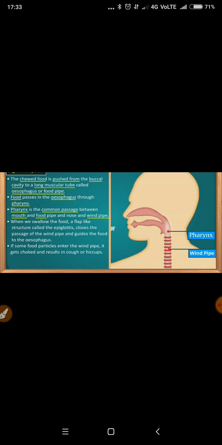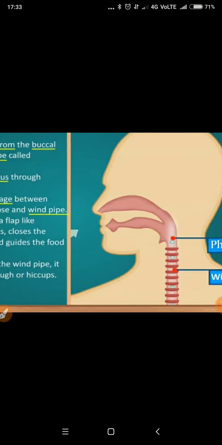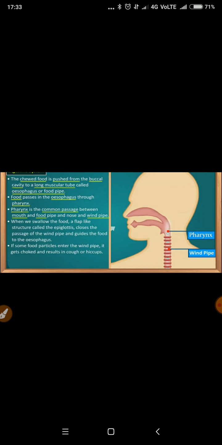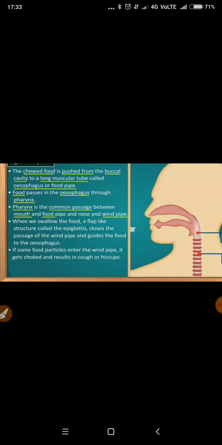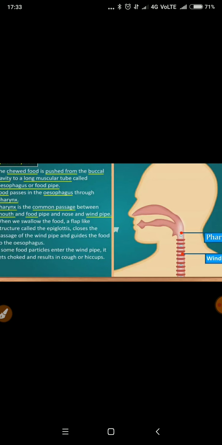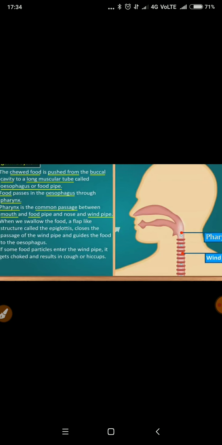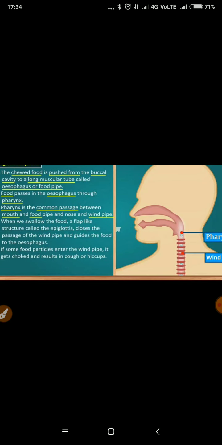All right? Are you able to see this? This is the pharynx region. Is it clear? So the pharynx is the common passage between the mouth and the food pipe and the nose and the windpipe. Okay? We know that we breathe through our nose and it goes into our windpipe and finally into our lungs.